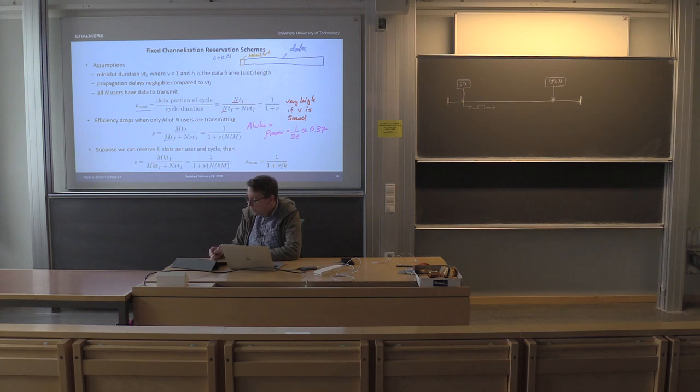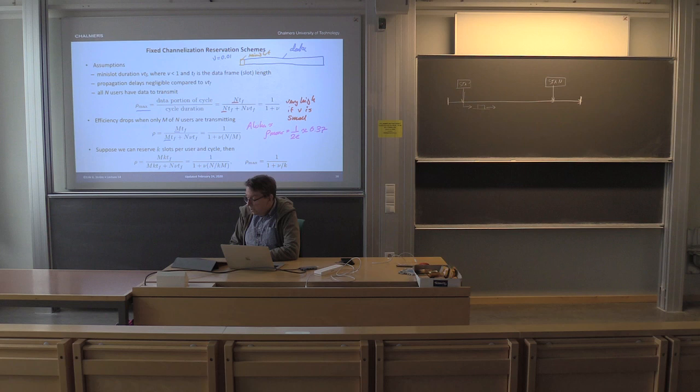So if we calculate it like this, we have n divided by m. If m is a small number compared to n, then this is large, and efficiency is very poor. Say we have 1,000 users attached to the medium, but only 10 users transmit, then this is a factor of 100, and efficiency is very, very low.